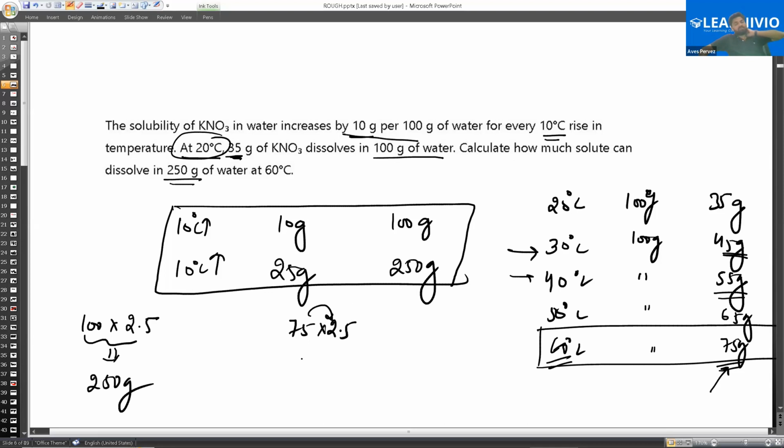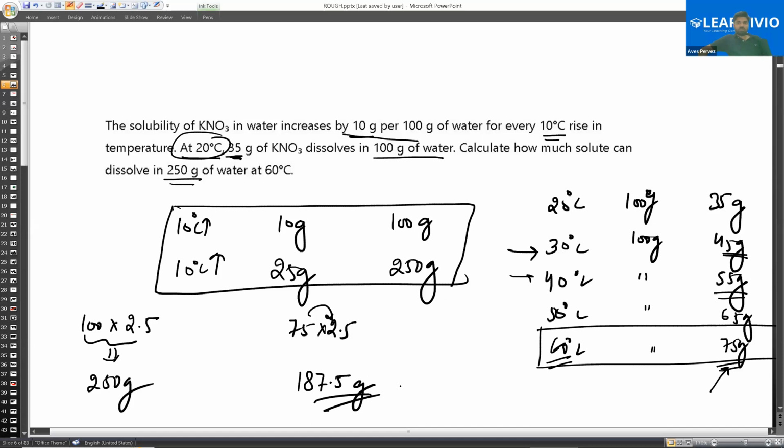You will get 187.5. The total maximum amount of solute that you can dissolve is 187.5.